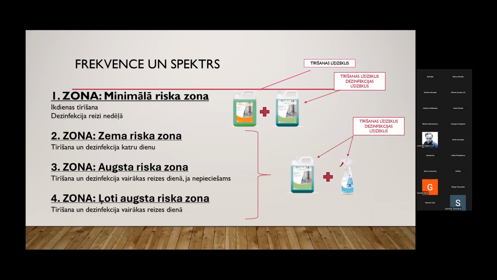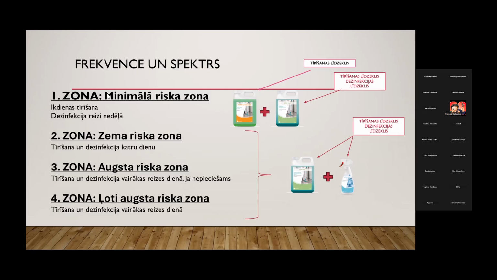There will be a zone 2 with low level of risk. There will be a zone 3 with a high risk area, and we'll make a zone 4 with very high risk level.